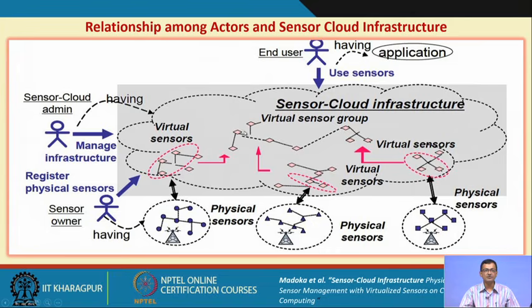There is management of this sensor cloud, like registering physical sensors and managing infrastructure. Because the sensors are low powered, they may come up or go down in different situations. So, the sensor cloud needs to be managed appropriately.